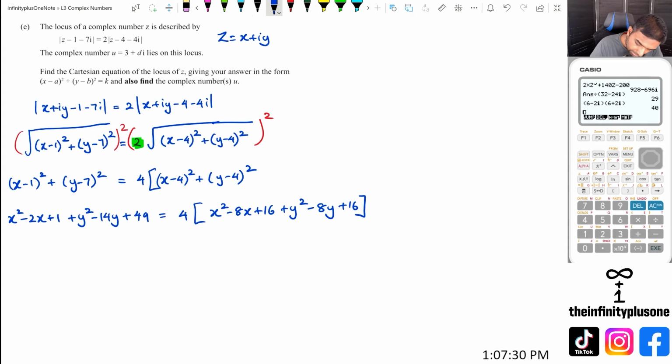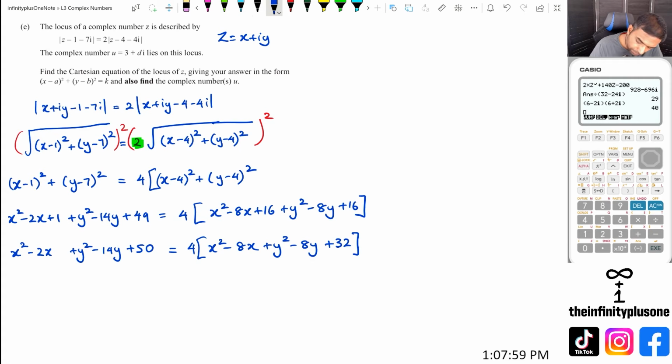So simplifying things a little bit here, I've got x squared minus 2x plus y squared minus 14y plus 50 equals, I've got 4 times x squared minus 8x plus y squared minus 8y plus 32.